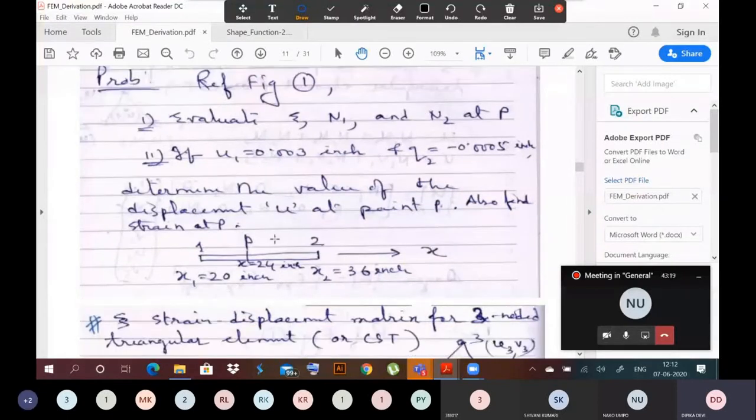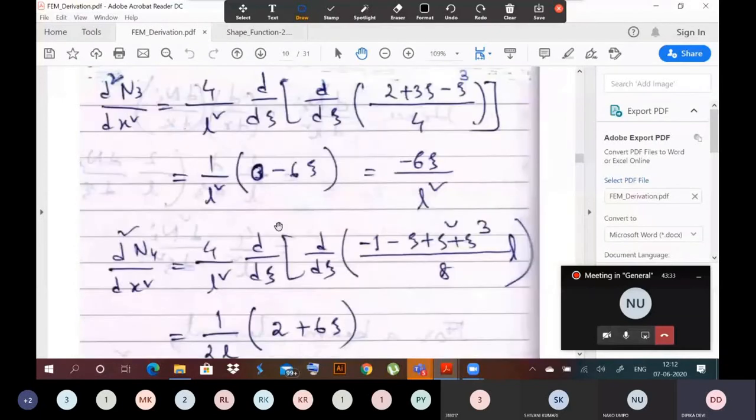So what is the relationship between xi and x? I have given it here just now. I forgot, it should be somewhere here.